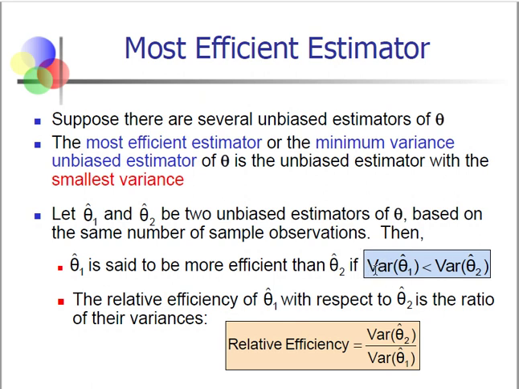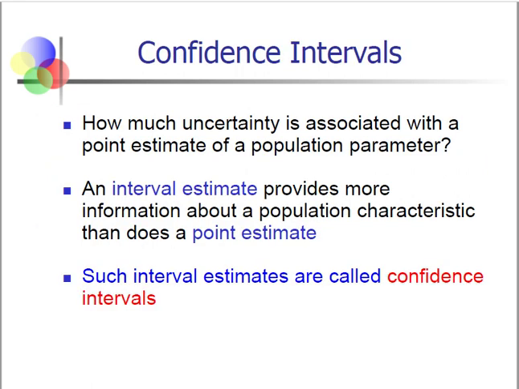Okay, so in this case, if the variance of theta 2 is greater than the variance of theta 1, then we say that theta 1 is the most efficient estimator. Okay, and the relative efficiency of theta 1 with respect to theta 2 is just found by using this formula.